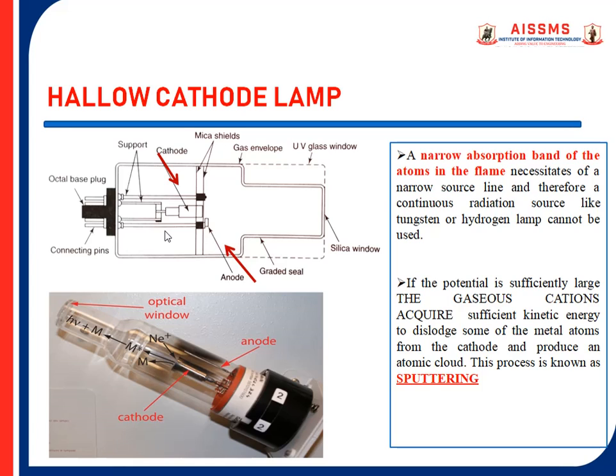A number of metal atoms become excited and give off their characteristic radiation. In the hollow cathode lamp, neon or argon is available at a pressure of 1 to 5 torr. The cathode is constructed of the metal whose spectrum is desired, or serves to support a layer of that metal.